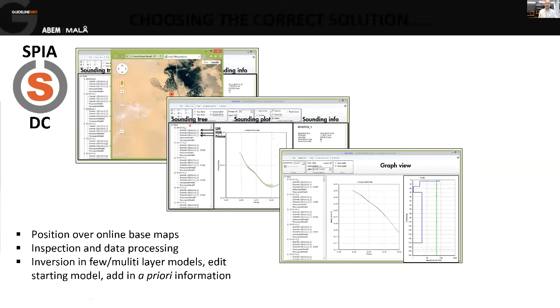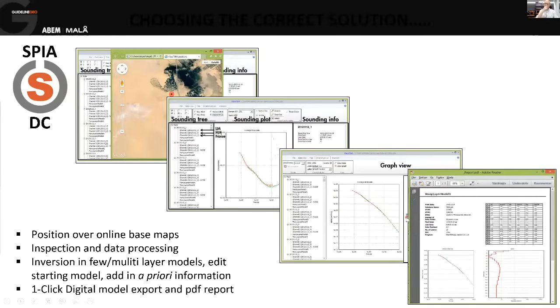And it does a more advanced inversion of the IP, because it doesn't just look at the chargeability, it looks at the shape of the decay. And that can give us some extra parameters to help us with our interpretation. So much more advanced handling of IP than Interprex, but same thing, we can edit the model to try and get a better fit as our end result.